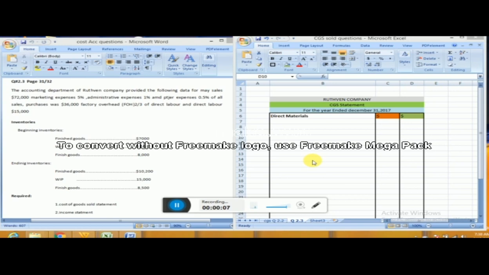So today we will solve question number 2.3, page number 31-32 on your books.